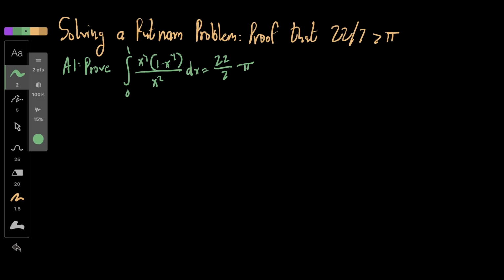Now, number one, essentially all this problem asks you is to evaluate this integral, which we will do, and now proving that 22 over 7 is greater than pi takes one small extra step, and that is proving that this integral is positive. Now, how will we prove that this is positive?